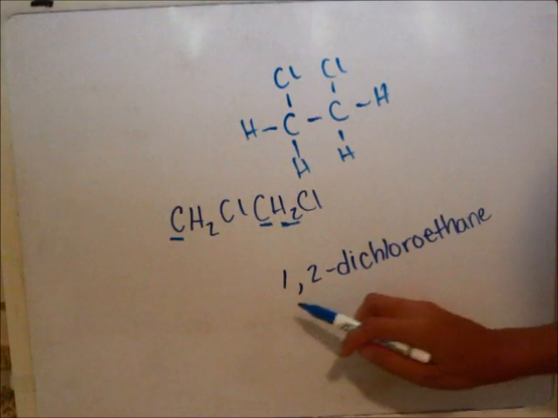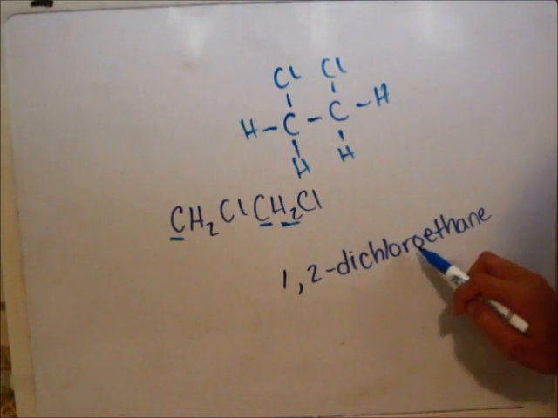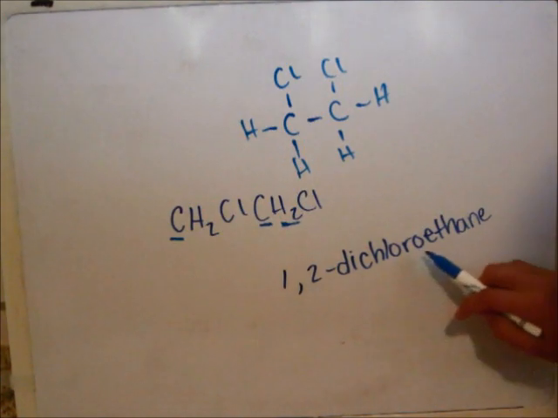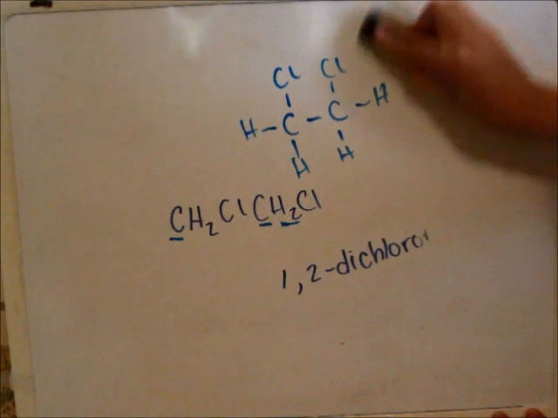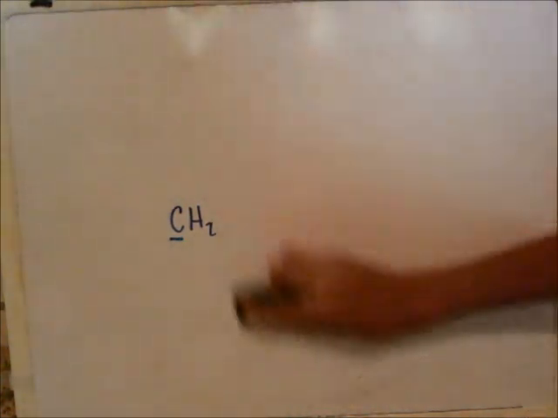So that's it. Now you can see that it's 1,2-dichloro. You can't just say 1,2-chloro. It's dichloroethane. And there could be chlorine, which would go to chloro, or bromine, bromo. So those are halides. Pretty easy. Now let's talk about alcohols.